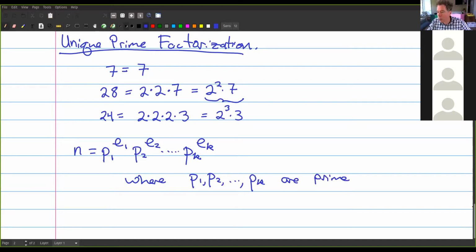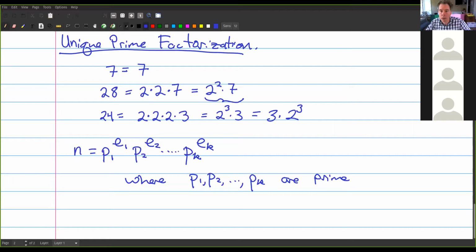And it can't be written as a product of primes in any other way except by rearranging the order. If you write the 3 first and then the 2, that's not interesting. So it's a unique product of primes up to rearrangements of the primes.